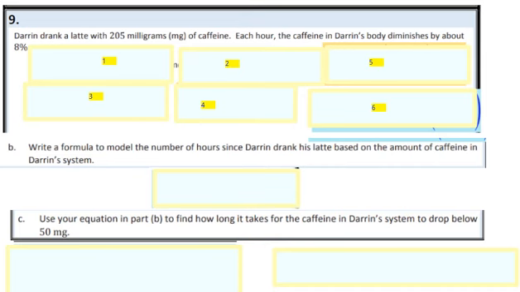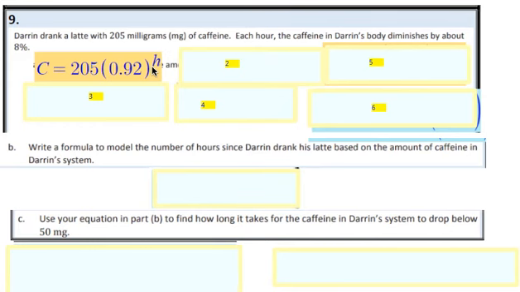So we've got question 9 about Darren. And in class, we determined that if Darren drank a latte with 205 milligrams of caffeine, each hour this equation represents the amount of caffeine remaining in Darren's bloodstream as time passes.